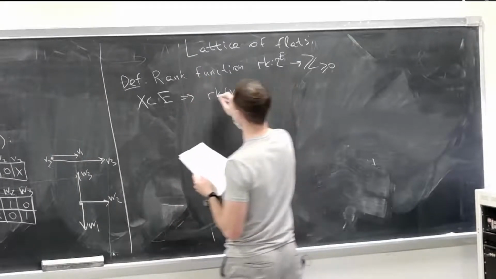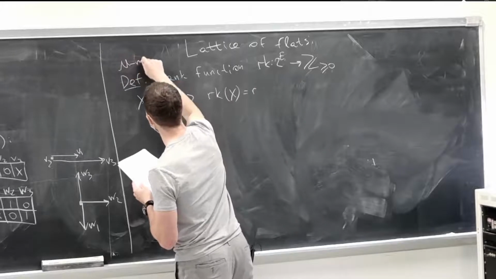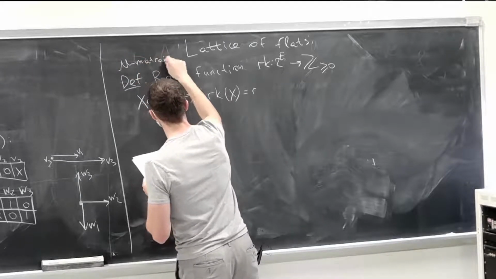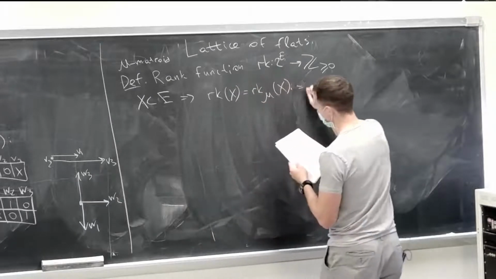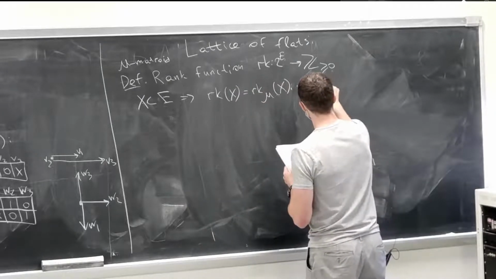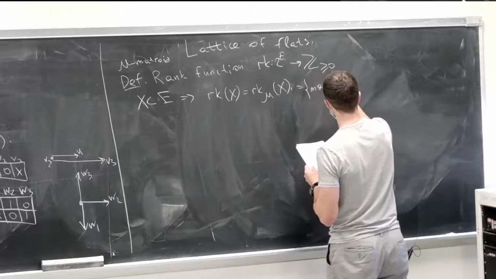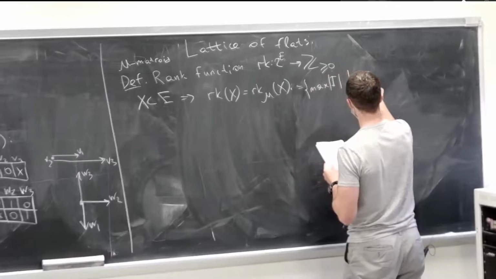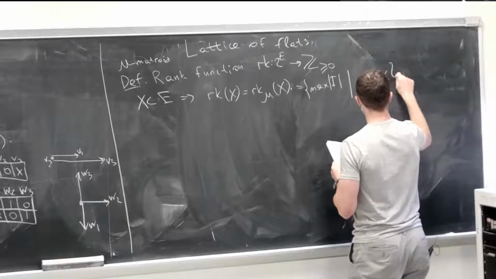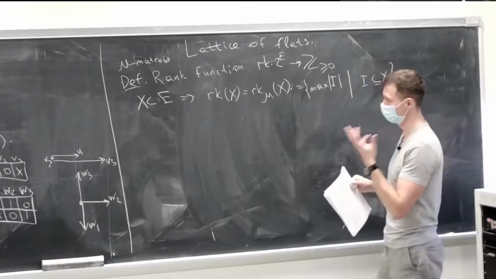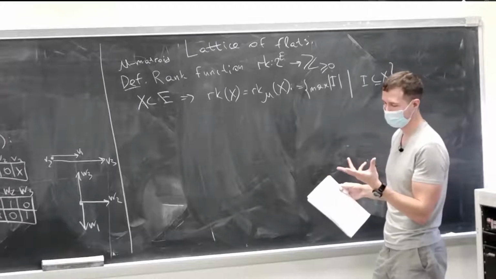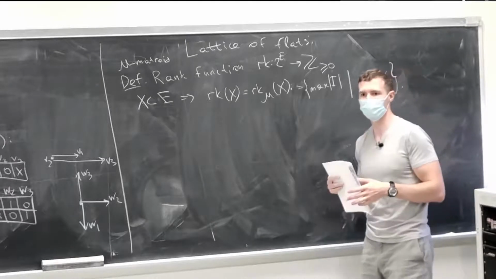Given a matroid M, the rank function of M at X is by definition the maximum size of an independent set which is contained in X. If you have a bunch of vectors, then the rank is just the dimension of the space they span.